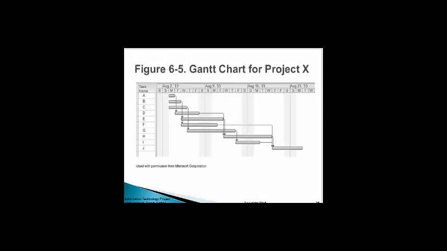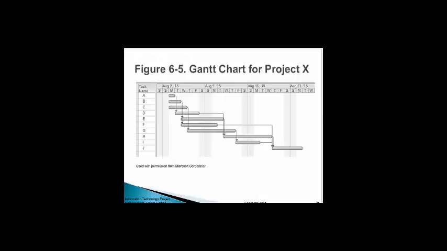So the Gantt chart is going to provide a standard format for us. And we have the black diamonds that are used as milestones, the thick black bars for summary tasks, lighter horizontal bars for durations of the task, and arrows for dependencies between tasks.